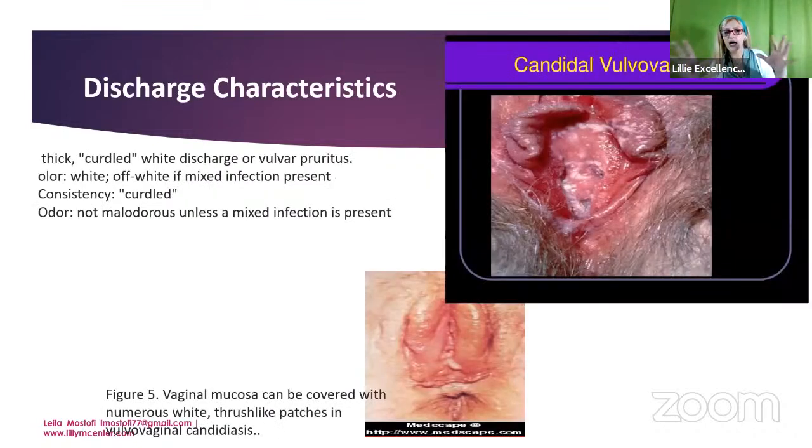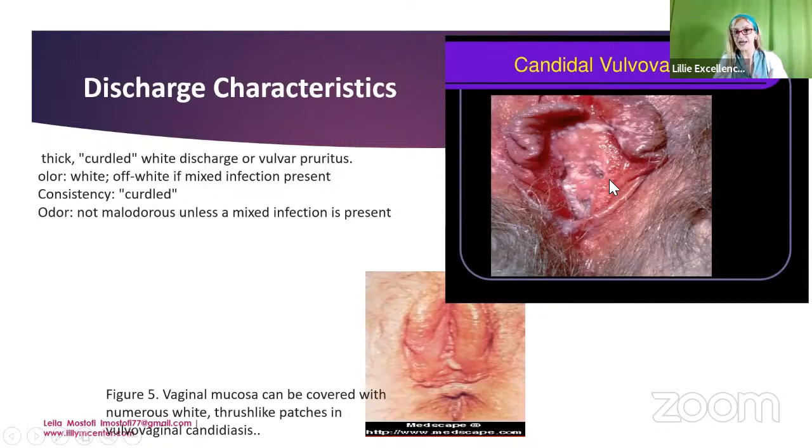And there are some discharge characteristics. These characteristics that I show you in this picture, this Candida vulvovaginitis, you will see this discharge.